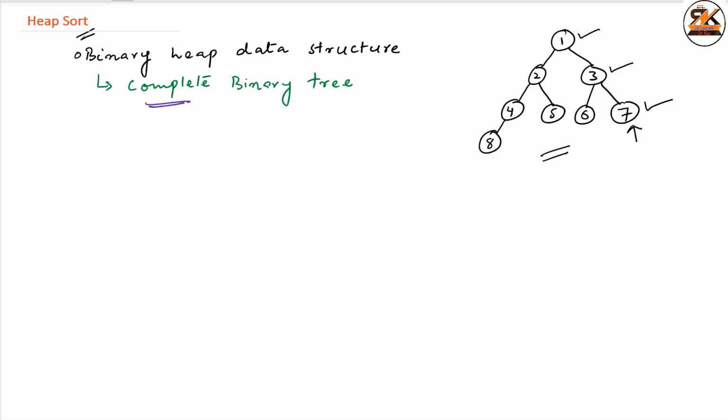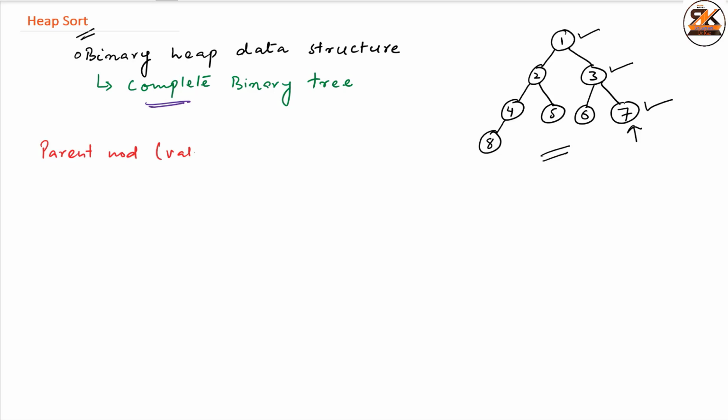And a binary heap is a complete binary tree where we store the items in a special order such that the value of the parent node is greater than or smaller than the values of its 2 children. Okay, we have a parent node.